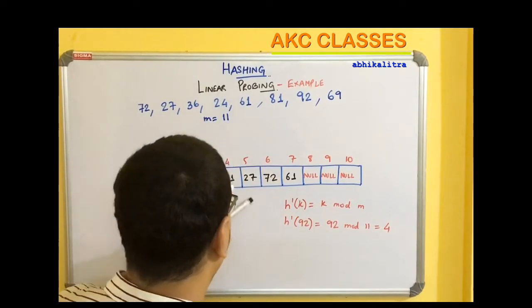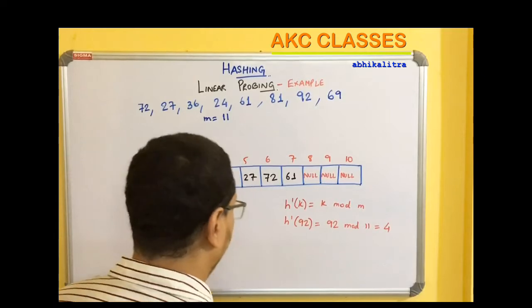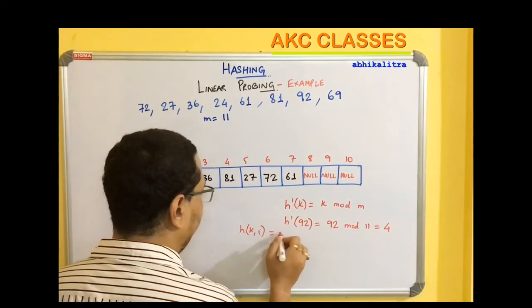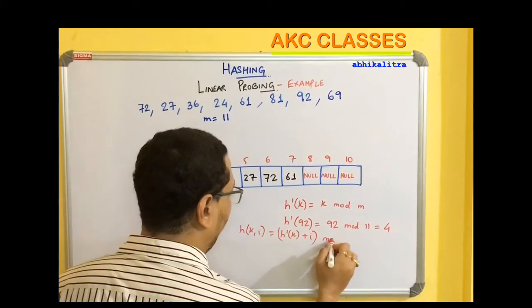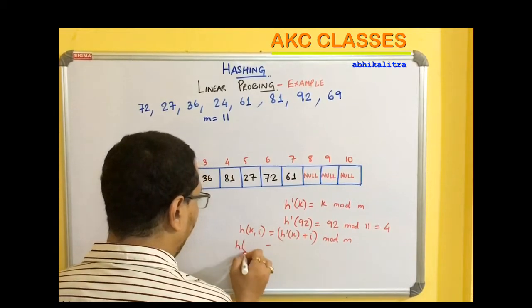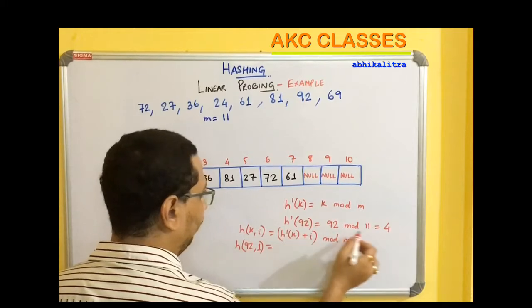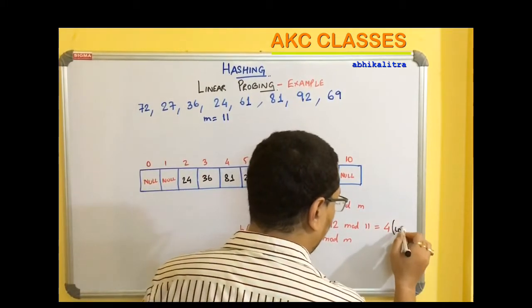So we have to go for the secondary hash function. The secondary hash function h of k comma i equals h prime of k plus i mod m. We start again with i equal to 1. So 92 comma 1 equals h prime of k, which is 4, and there is a collision.